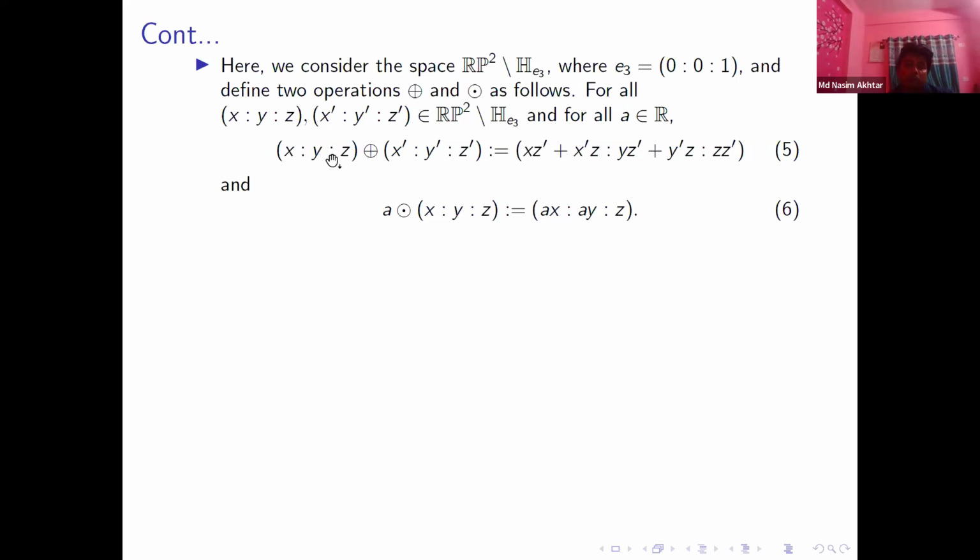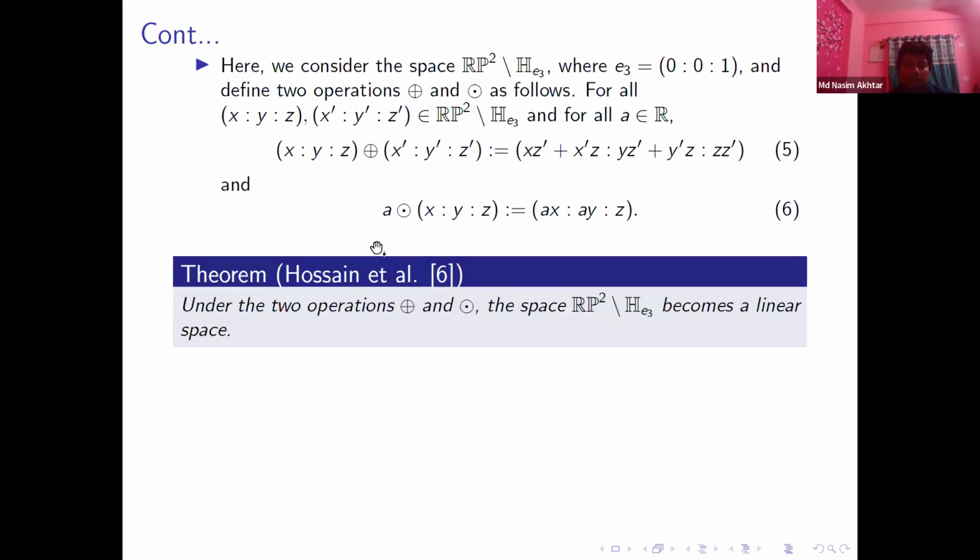If you quotient by z, that is (x/z, y/z, 1) and (x'/z', y'/z', 1), then how the addition works in that Euclidean plane for z equals 1, from that one can get motivation for this addition and scalar multiplication.